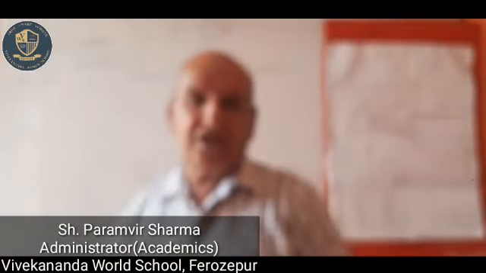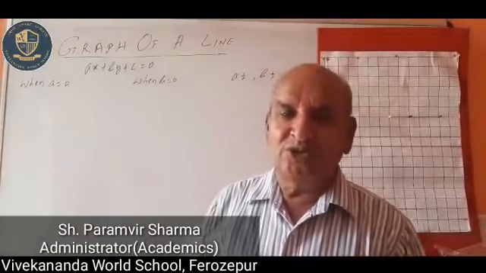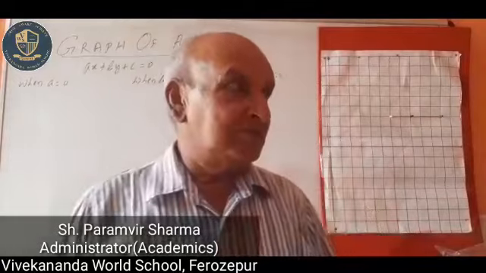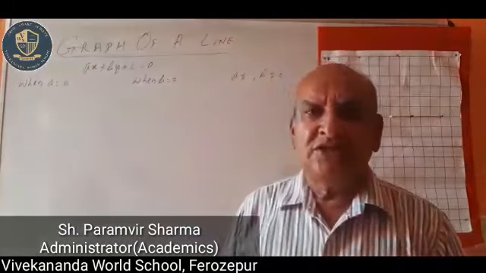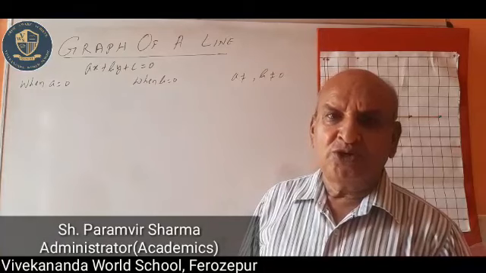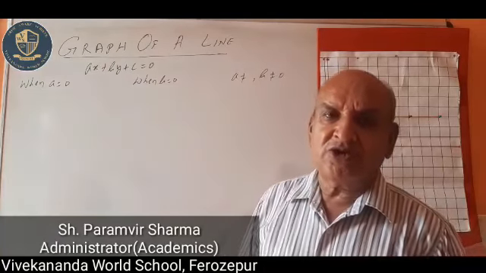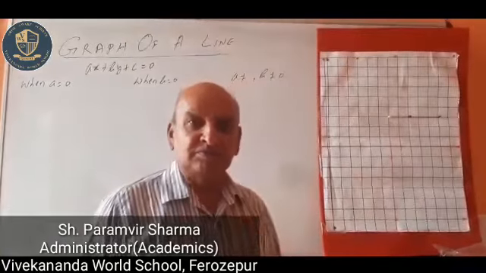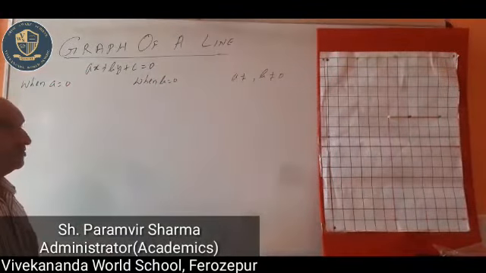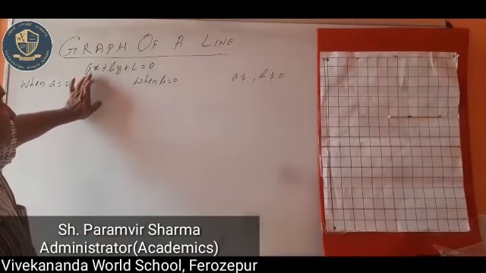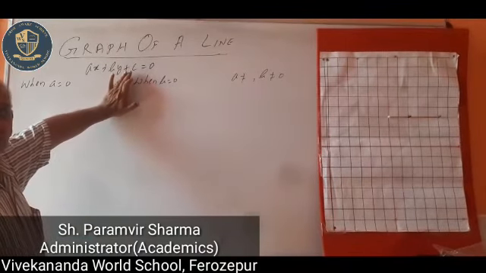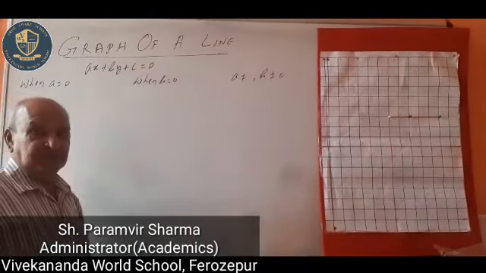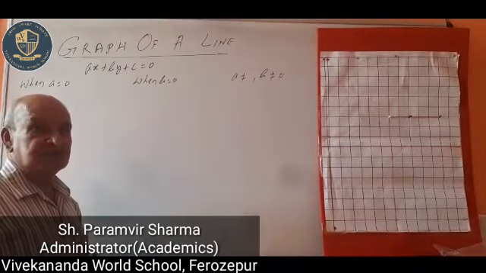Hello students, I am just going to give you an idea to draw a graph of a line, because it creates a problem to find points on a line. We know that there are infinitely many points on a line. Already in 9th class we have done that ax plus by plus c is equal to 0 represents a line, and there are three cases.